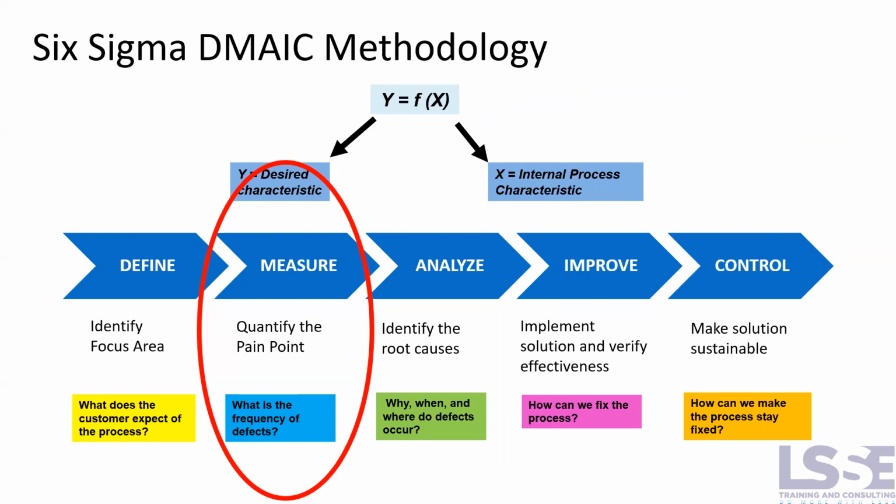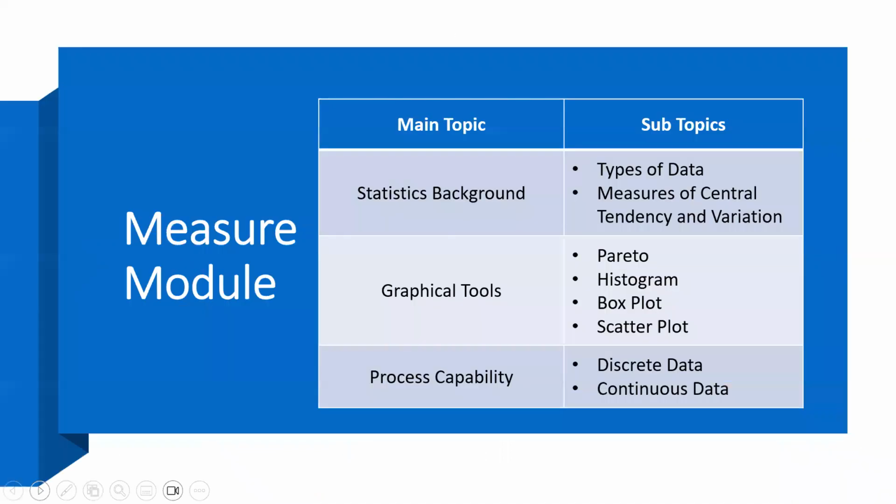And part of this one as well is we'll get an idea of what the frequency of our defects is. So we'll be covering three main topics in the measure module.